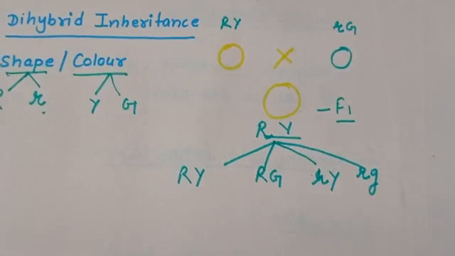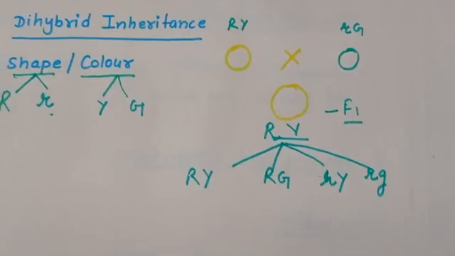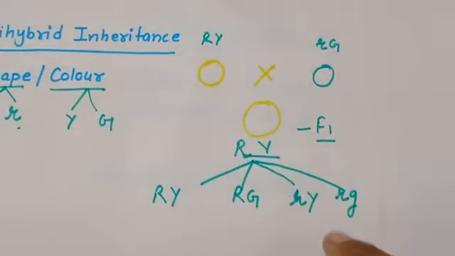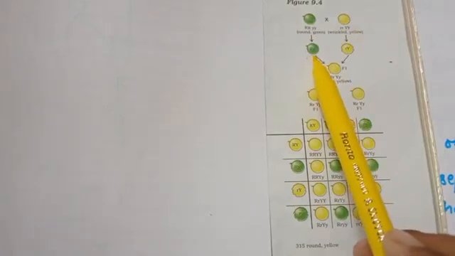So here, what do we obtain? That the characters while crossing with each other are not getting lost. Here we can clearly see that when we had the round green seed and the wrinkled yellow, and these two crossed, we had round yellow and wrinkled yellow.